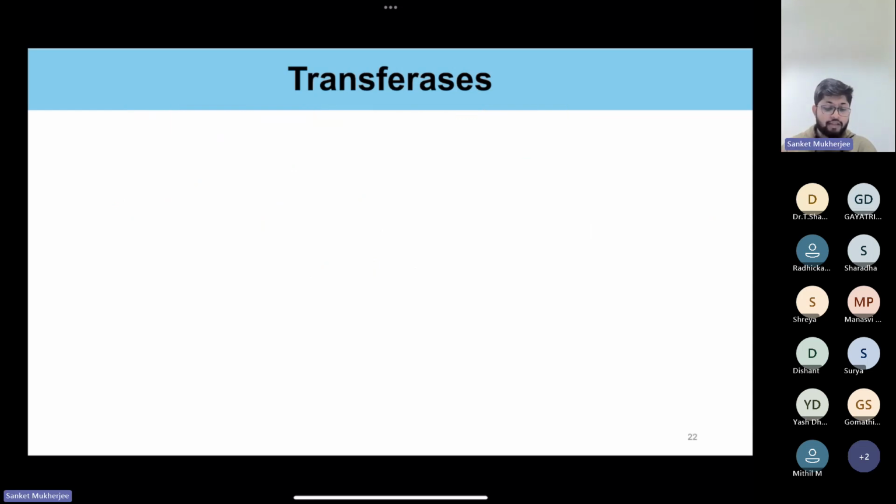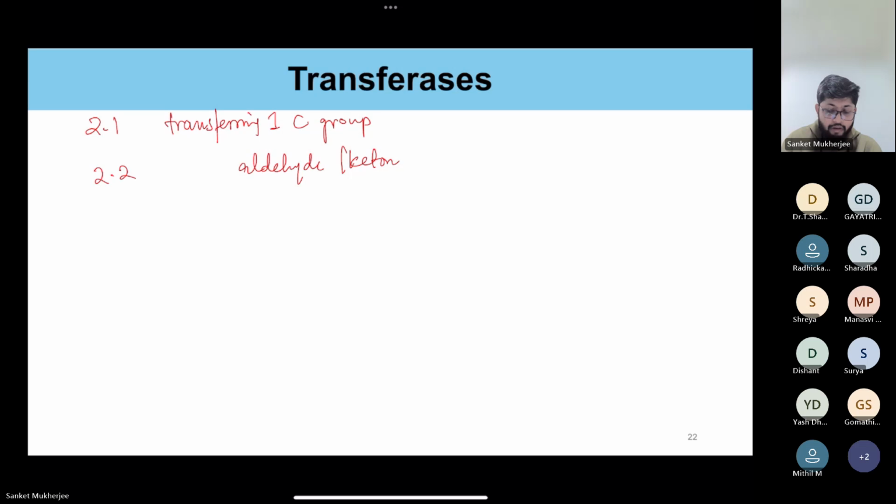What are the subclasses? So subclasses are like 2.1 is transferring one carbon group. 2.2 will transfer aldehyde or ketonic groups basically. 2.3 are acyl transferases, like amino acyl transferase and those kinds of things. 2.4 are glycosyl transferases.